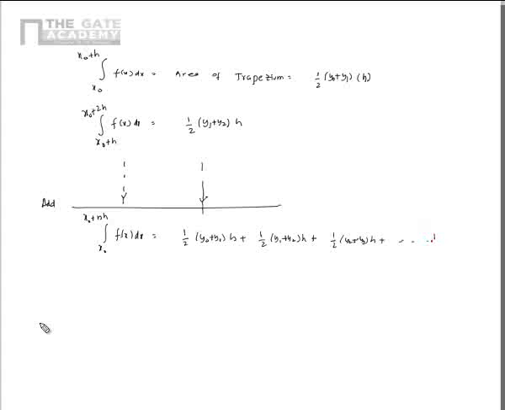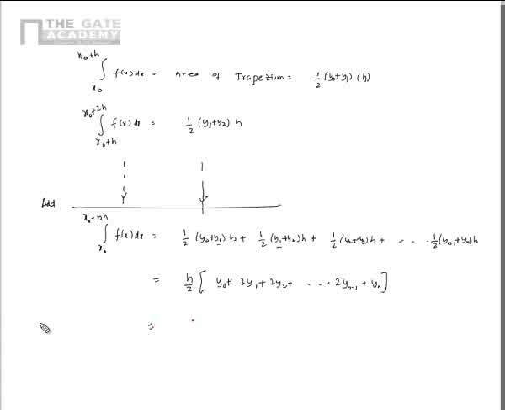For the nth interval, you will have half yn minus 1 plus yn into h. So if I take h by 2 common, I'll get y0 plus 2y1, because you'll have y1 twice, then 2y2, and so on, 2yn minus 1 plus yn. So that is the idea.